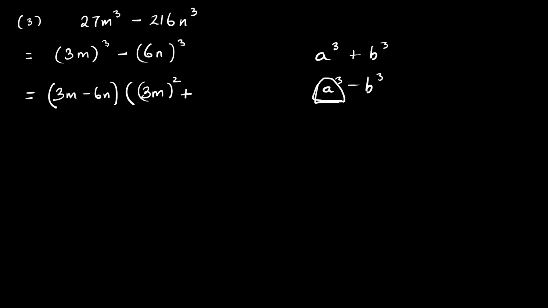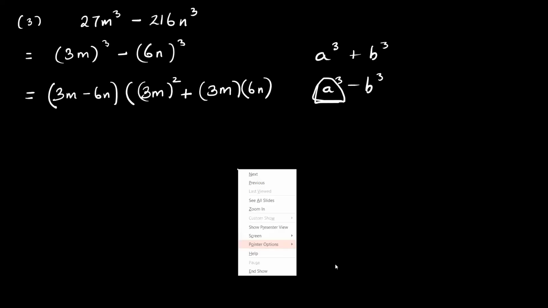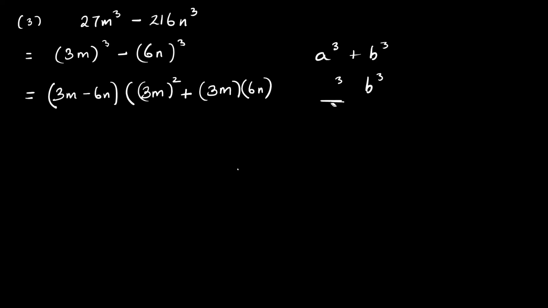Plus. Then 3m and 6n. Then plus 6n square.